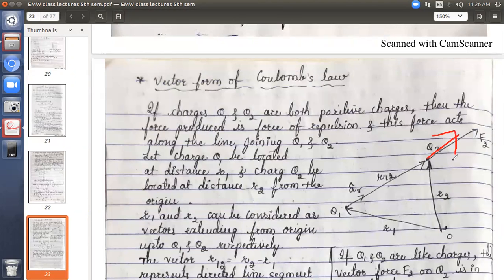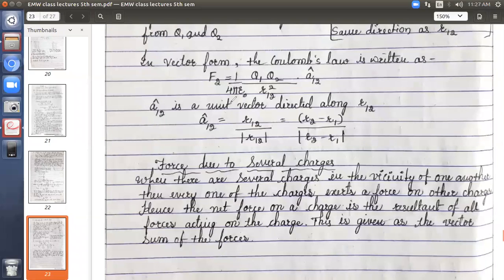The direction is outward, so it is a positive charge. Hence, if you observe, we have considered both positive charges. It is vice versa. The direction, this and this, should match with each other. With this, we have got this as the force F2 and the unit vector in the vector form.